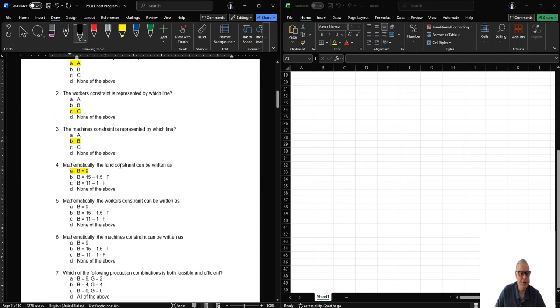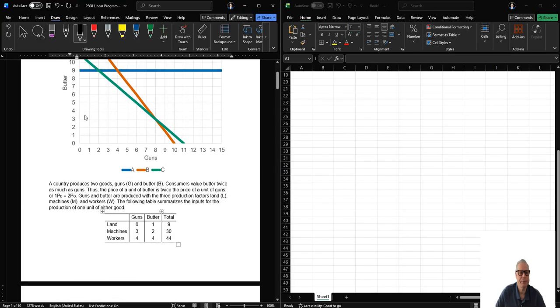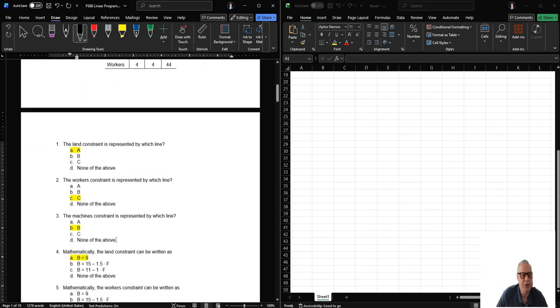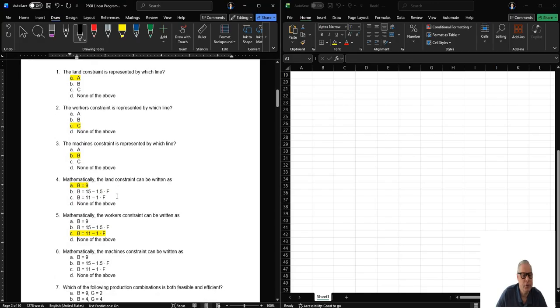Then the next question is, mathematically, the workers constraint can be written as B equals 11 minus 1 times G. It starts at 11 and goes to 11, so the slope is -1. And of course that should be not F, but G. On the keyboard the F is right next to the G. So that should be this. But the point is that I have to change this. It's a typo, it's all G's.